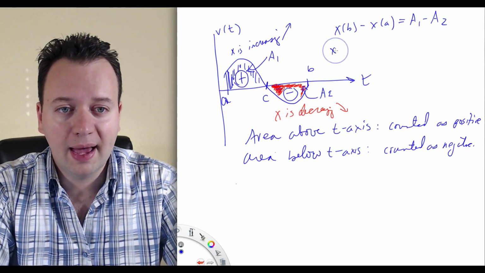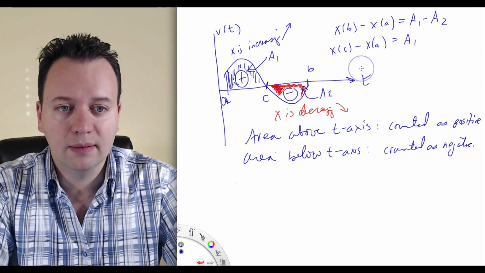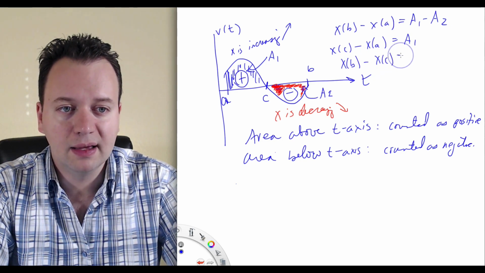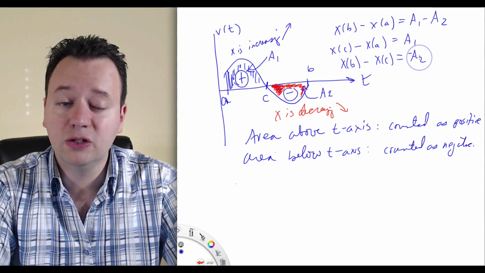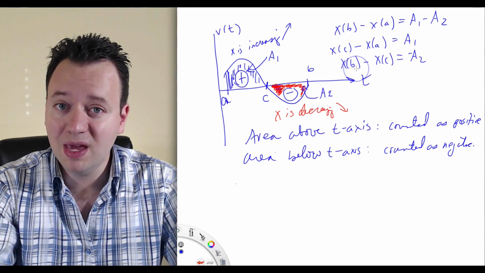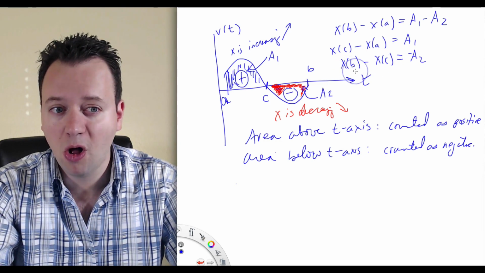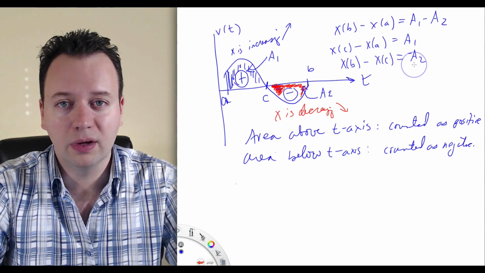If I wanted to look at x of c minus x of a, that's just equal to A1. If I want to look at x of b minus x of c, that's going to be minus A2, right? So minus A2 indicates that x of b is further to the left than x of c. In other words, x of b is smaller than x of c. So I'm decreasing in x, so I get a negative distance.